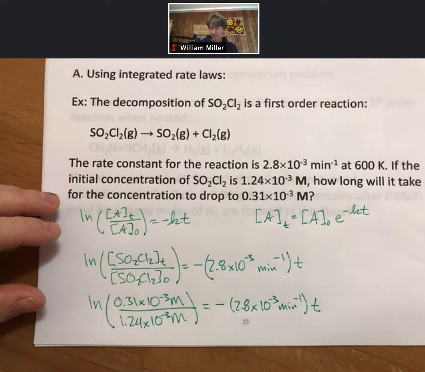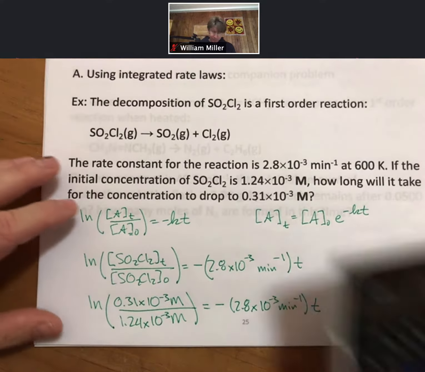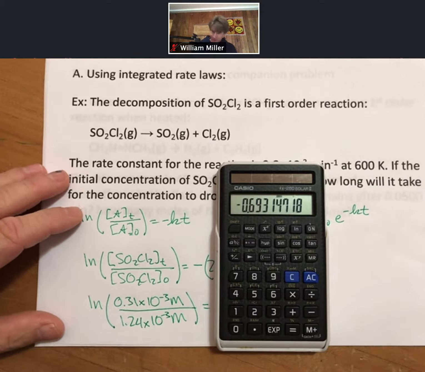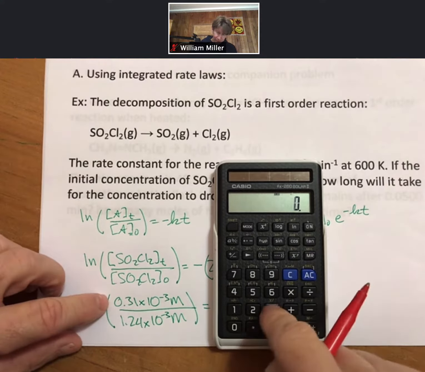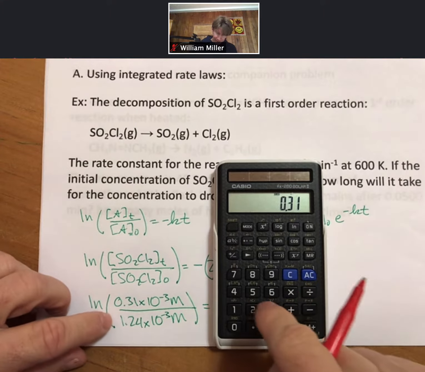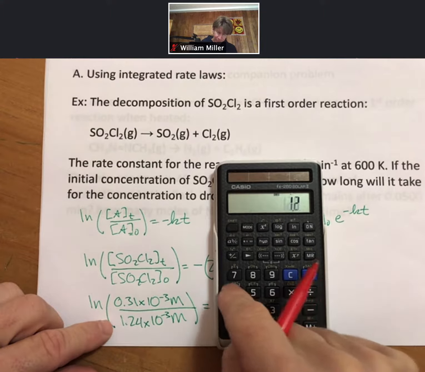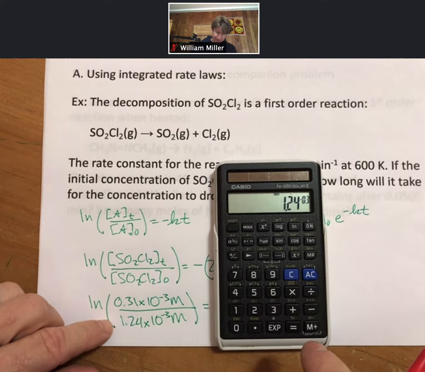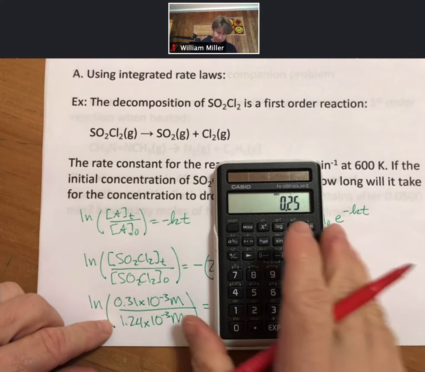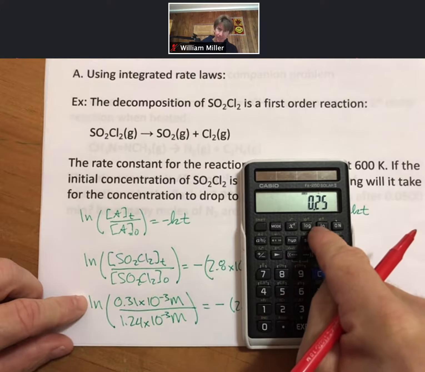times t. And then let me get a number for this one on the left-hand side. So this is going to be 0.31 times 10 to the minus 3 divided by 1.24 times 10 to the minus 3, and then I get the natural logarithm of that.